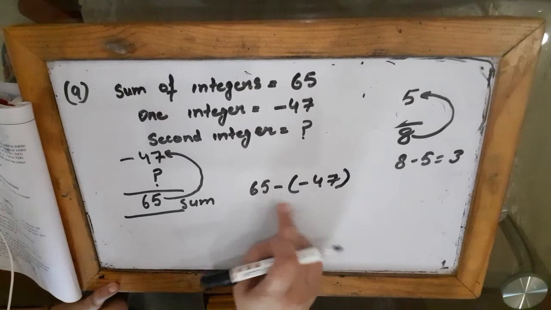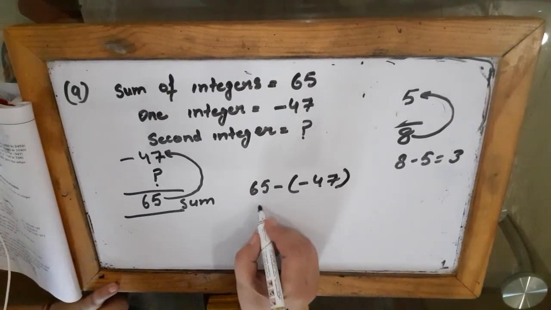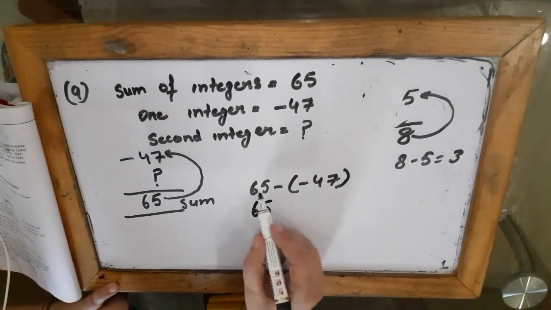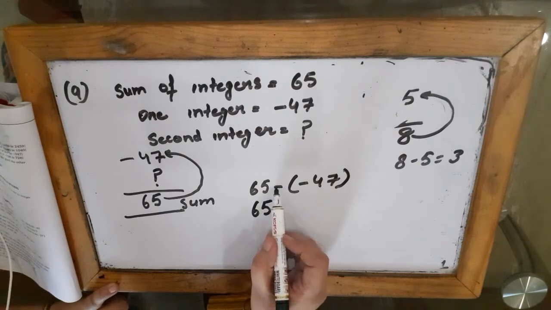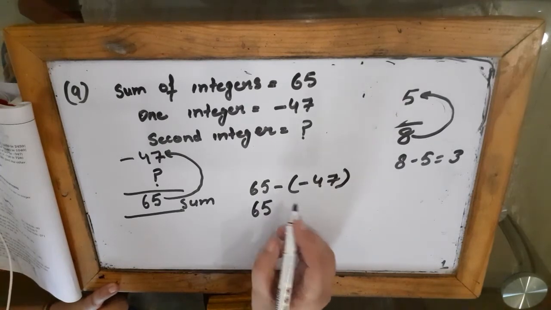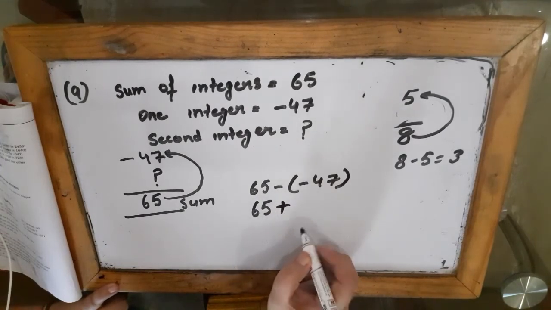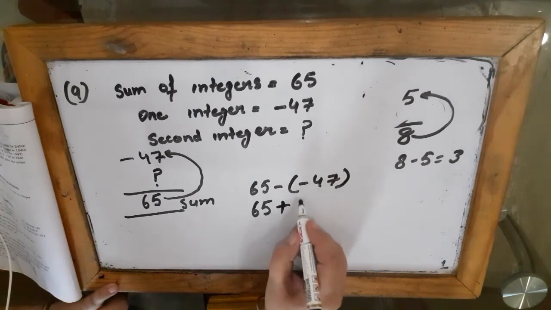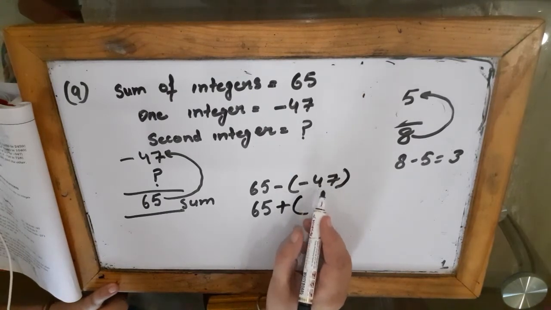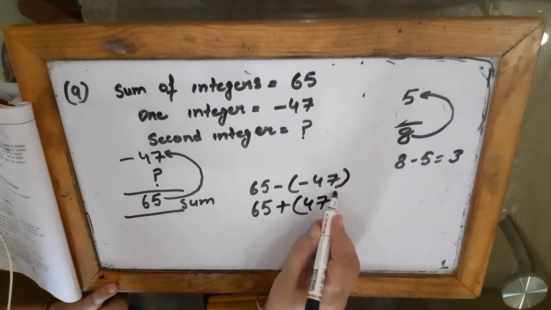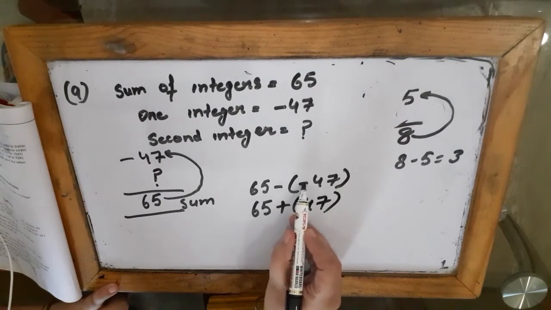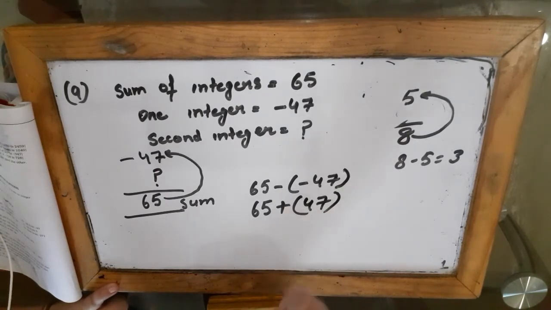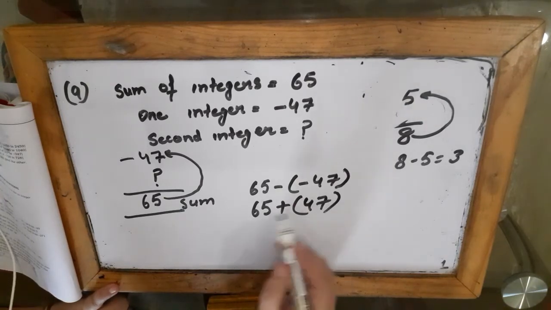Now how do we subtract? Leave the first digit as it is, and this sum of subtraction becomes a sum of addition, and I change the sign of the second integer. It's negative 47, it will become positive 47. And also I told you minus and minus together becomes positive. So both are positive integers.